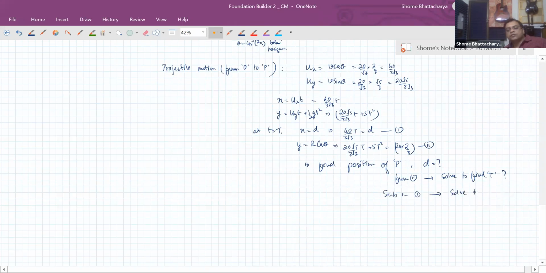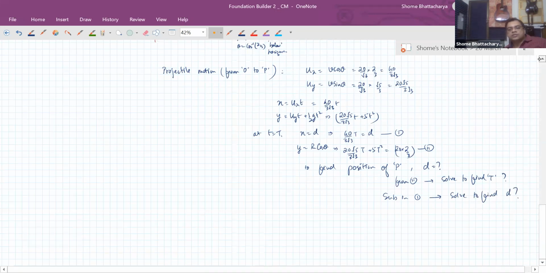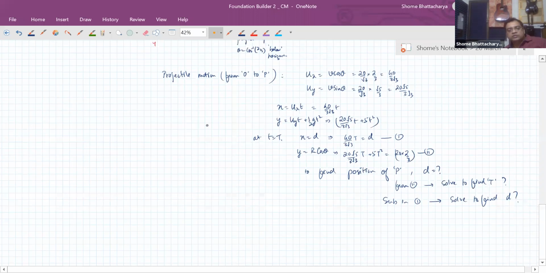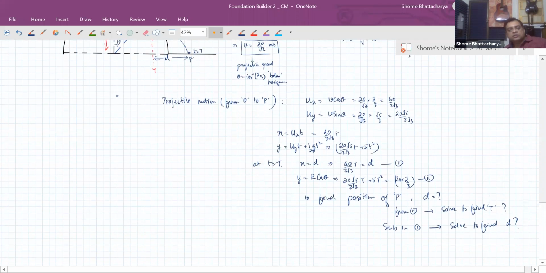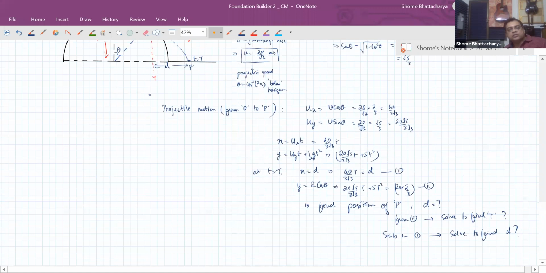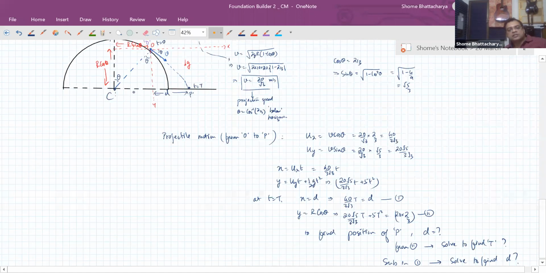So we'll solve to find small d. And that's it. Once you've found small d, you know the position where it hits the ground, because from the center of curvature to here, you can see this distance is r sin theta. So from the center of curvature to the point P, the distance CP will just become r sin theta plus d, which you can then find out. Okay. So I'm not getting into the full solving because it's a quadratic equation with some square root terms and all. It will take some time, but this is the method of solving it.